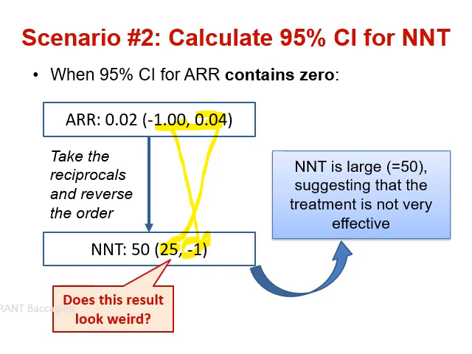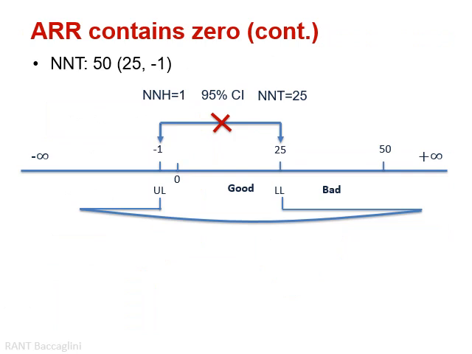Now let's focus on the confidence interval and the estimate. The number needed to treat is 50, and the confidence interval goes from 25 to -1. Do you see anything weird about this? Well, let's look at it.